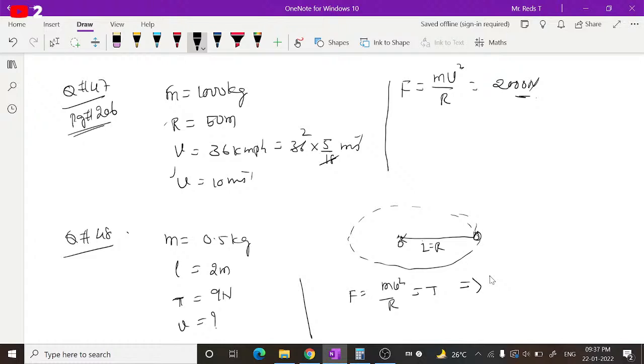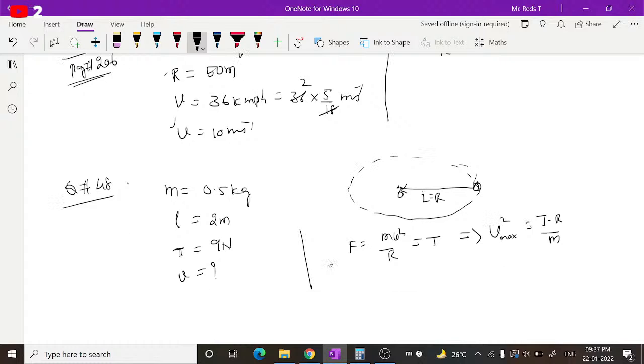V maximum square is equal to T into R by M. So V maximum is equal to square root of T into R by M. Tension T is 9, R is nothing but L, which is 2, and M is 0.5, which can be expressed as 1 by 2. That 2 goes up, it becomes 4. So you can write it as root of 9 into 4, which comes out of the root as 3 into 2 is equal to 6 meter per second, the maximum speed.